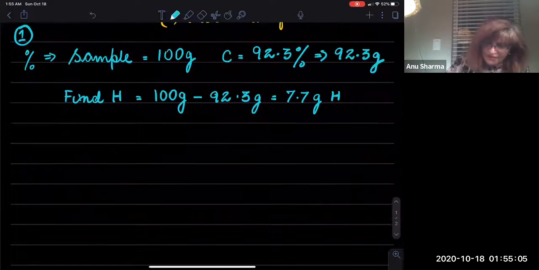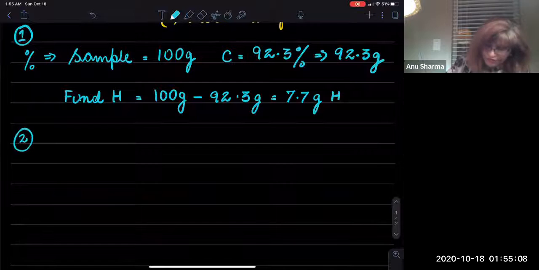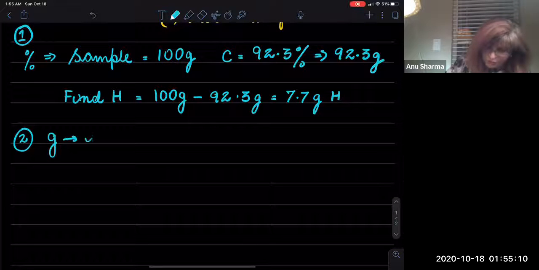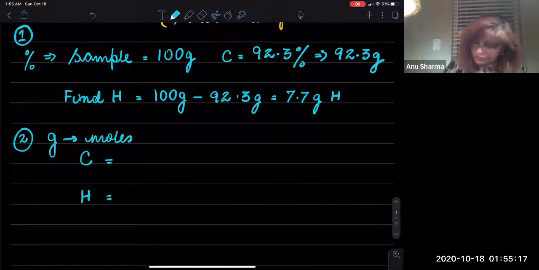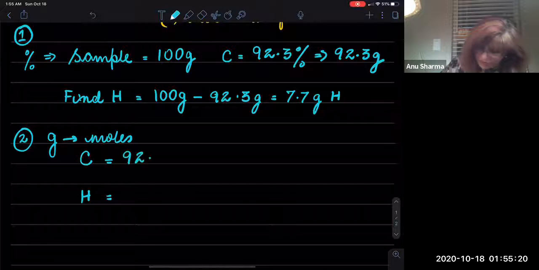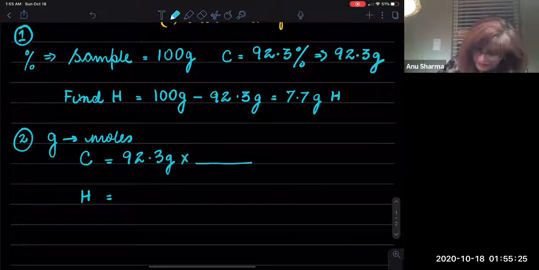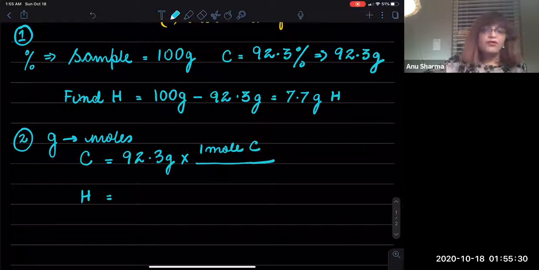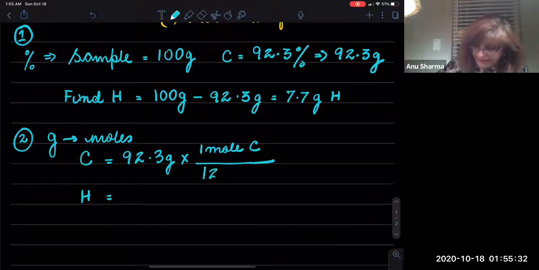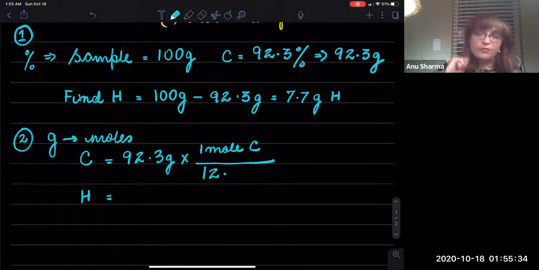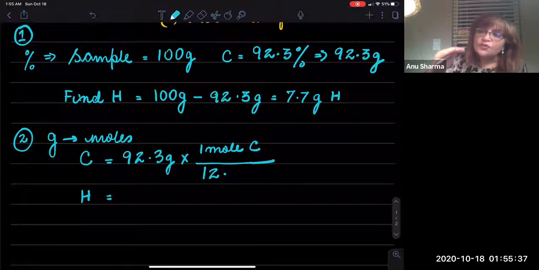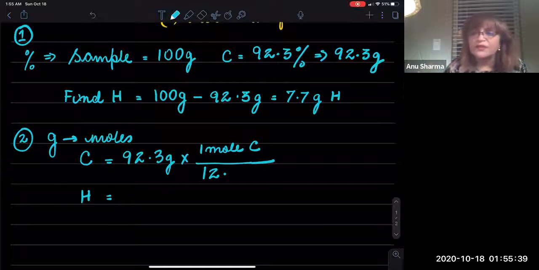The next step in this strategy is to convert grams to moles: grams of carbon and grams of hydrogen to moles. We have 92.3 grams of carbon, and 1 mole of carbon is equal to 12.011 grams. For these empirical and molecular formulas, it's best to write down the mass number as you see in the periodic table.